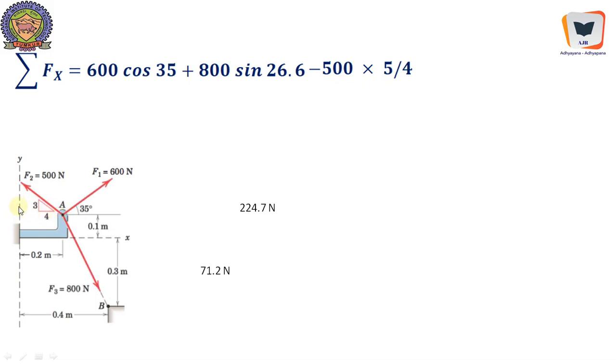It is 4 by 5, 5 is the hypotenuse, 4 is adjacent, no problem. That gives 224.7, and it will be going like this. The entire system can be replaced by a single horizontal force, 224.7.